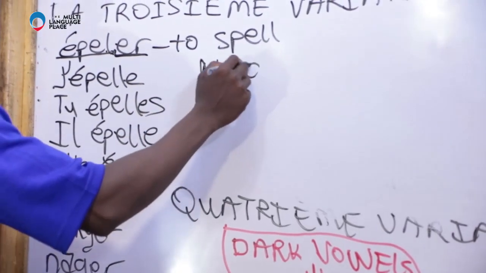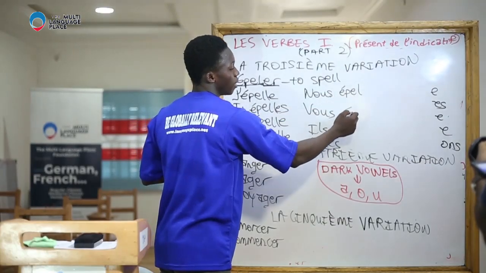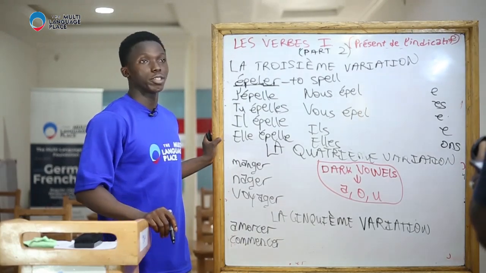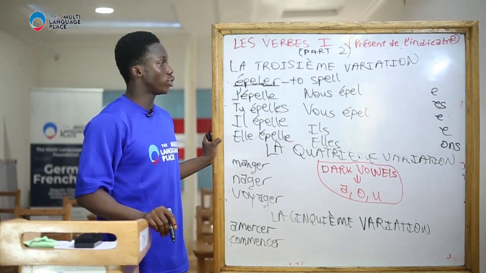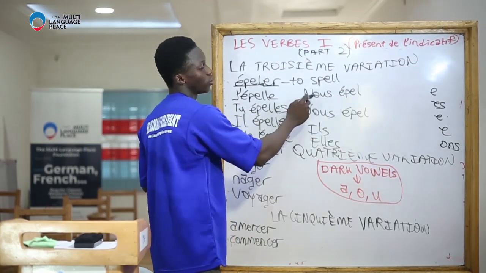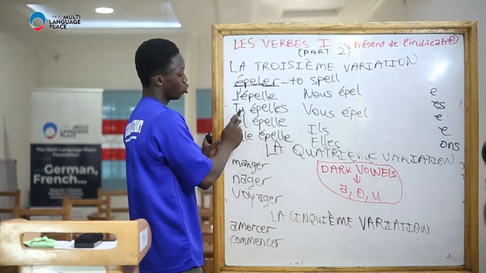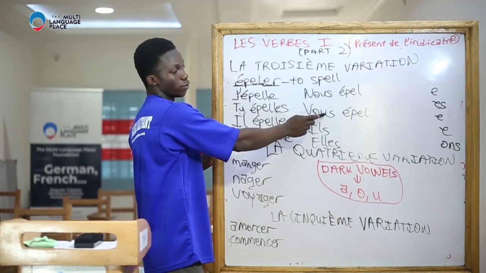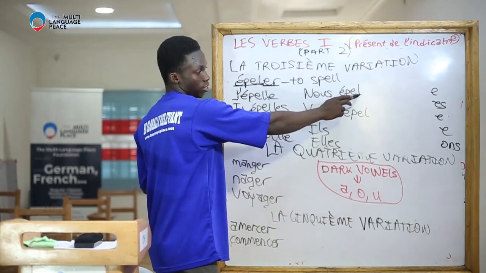For nous, you don't double it. Remember, for most of these variations, the same thing goes for the first variation, the second variation, and the third variation. You don't apply the variation for nous and vous. Je, tu, il, elle, the consonant is doubled. But for nous and vous, the consonant remains single.